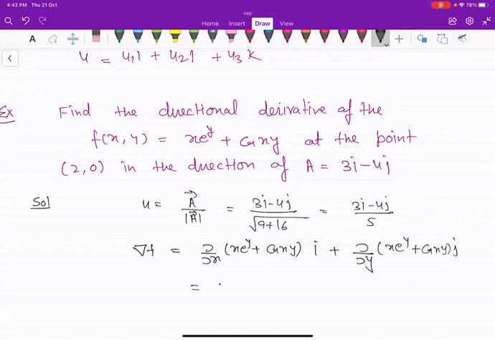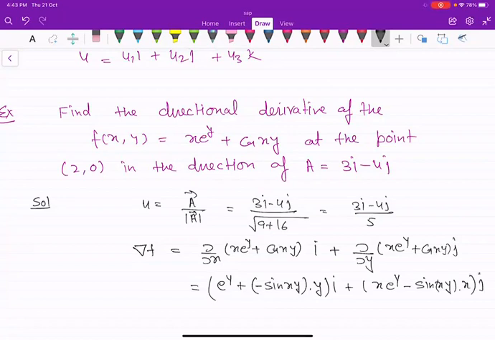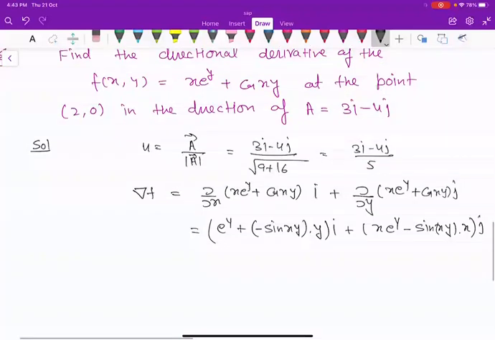Okay, so it is e raised to xy plus sine xy into differentiation of xy, which is y i, and differentiation of x e raised to xy minus sine xy into differentiation of xy with respect to y, it is x. Okay, so this is delta f.